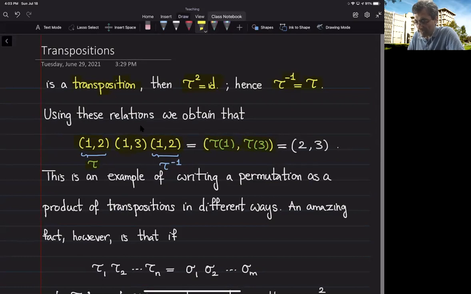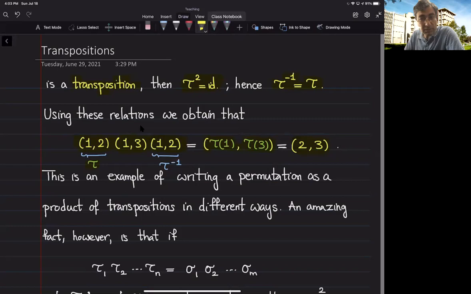And remember, tau of 1 is 2, and 3 is fixed under tau, so tau of 3 is 3. So I end up getting this transposition, which is (2 3). Altogether, I end up getting this equality. The product of these transpositions, (1 2)(1 3)(1 2), gives me another transposition, which is (2 3).